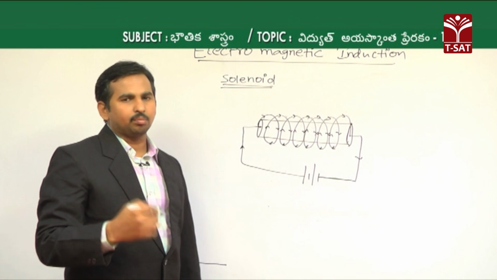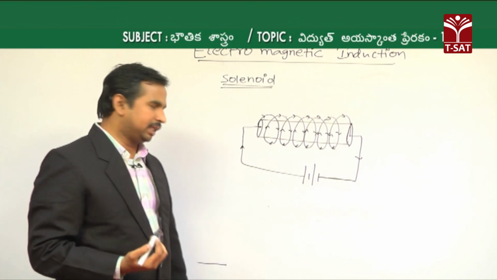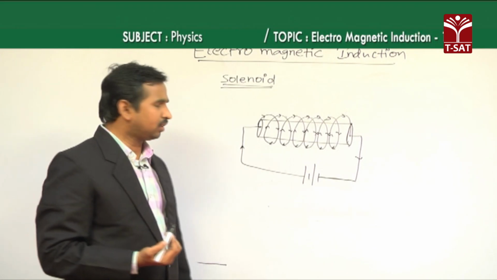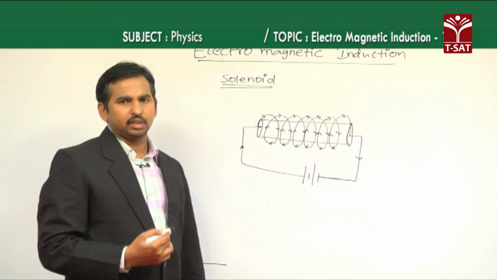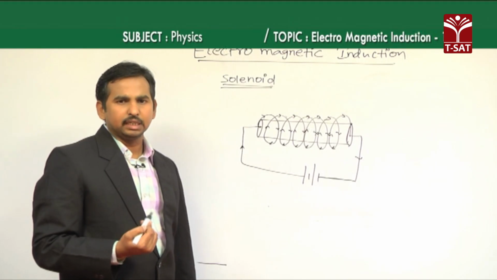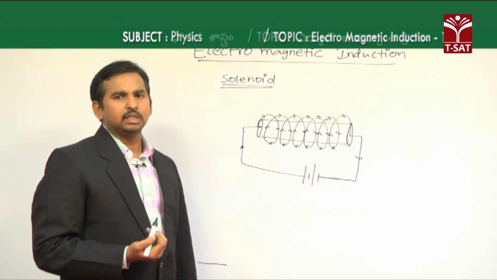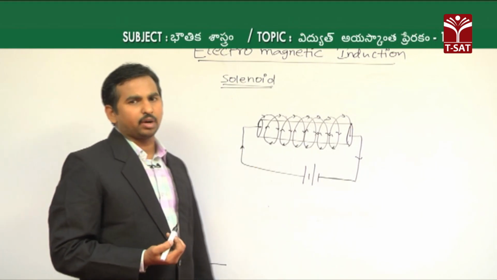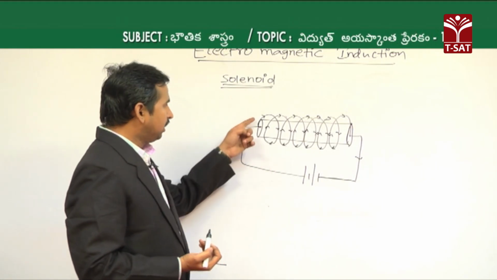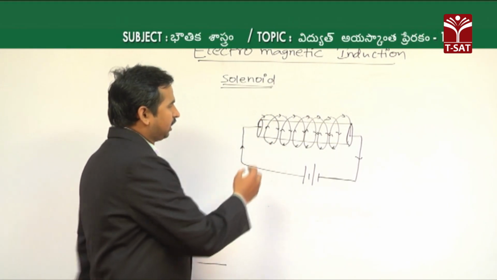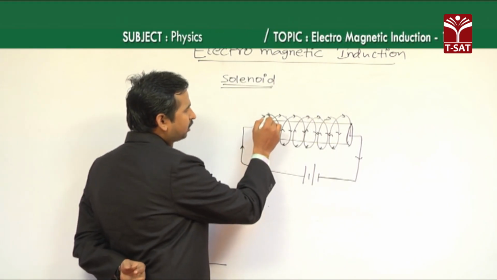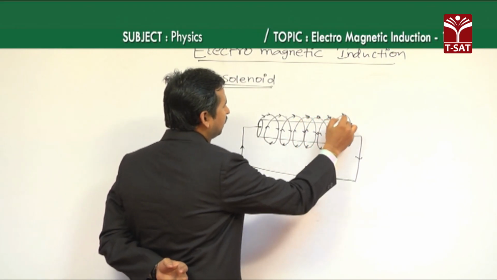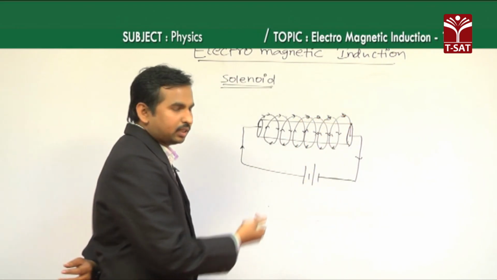As the number of turns is more, the magnetic field strength is also more, because the magnetic lines of force increase with the strength of the current as well as with the number of turns. That is why the magnetic field around the bar magnet in this case goes in this direction, as the current passes through this point, and the magnetic lines of force are around it.